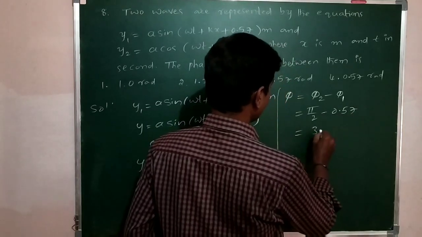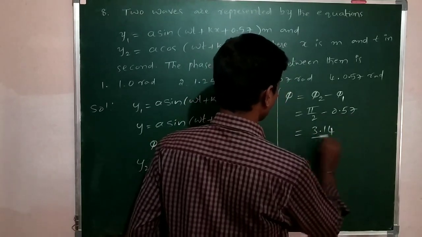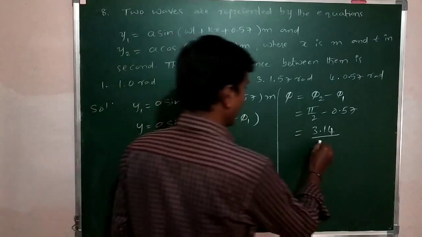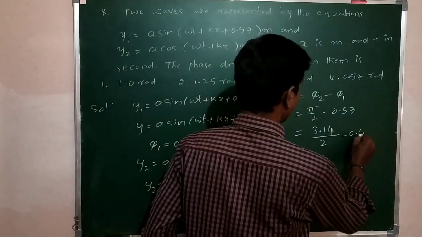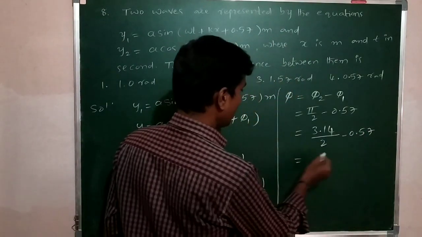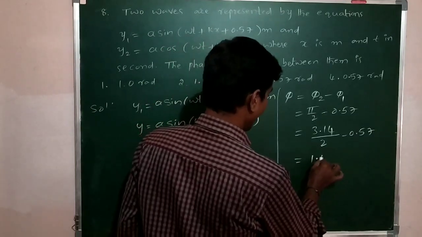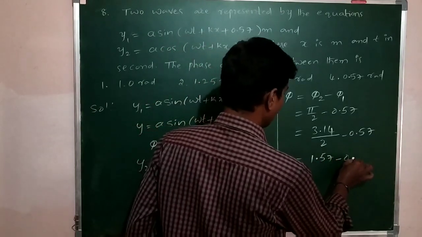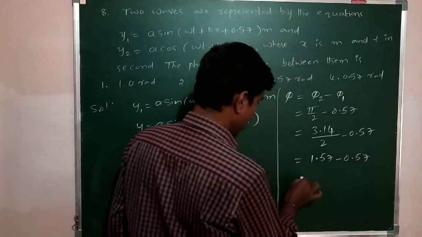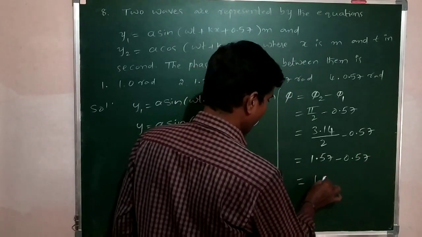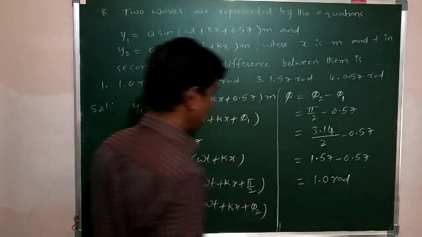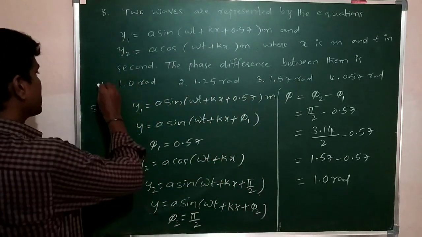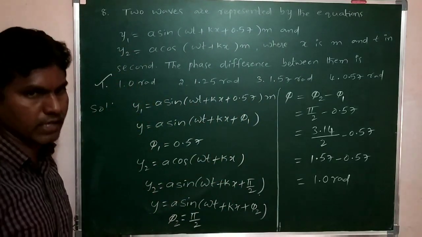Pi value is 3.14, so 3.14 by 2 minus 0.57 equals 1.57 minus 0.57, finally 1.0 radians. So our option is the first, 1.0 radians.